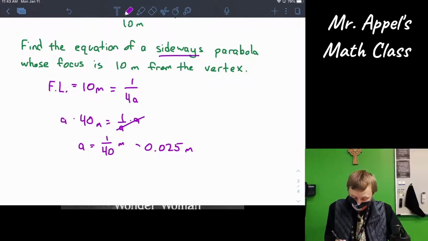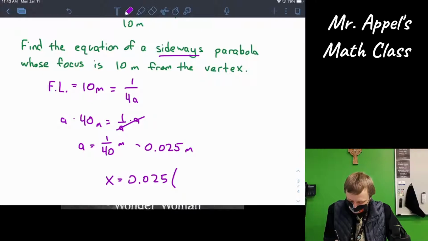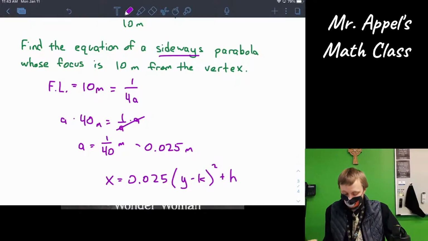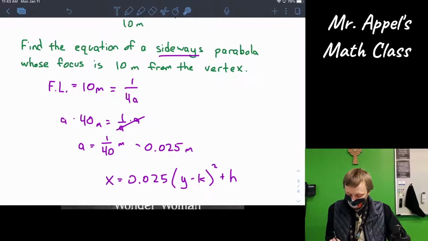Remember, it's a sideways parabola. x equals 0.025 times (y minus k) squared plus h. And we got to swap h and k as well, because k goes with the y value.